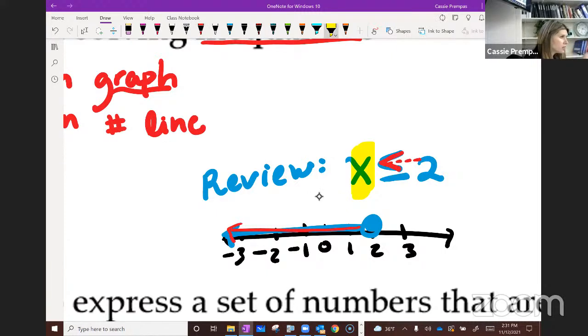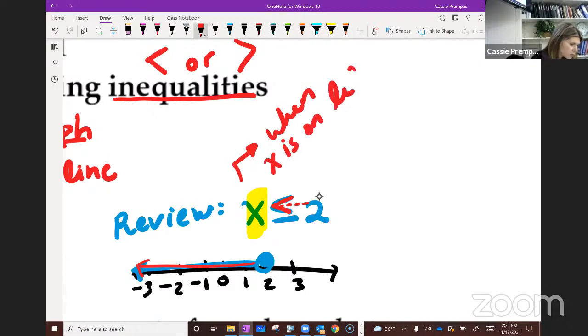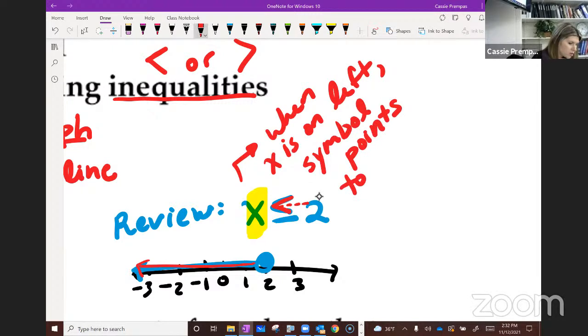So if your variable is on the left, you can use that symbol to point to the direction that you should shade. So let's go ahead and write that just because that can be helpful for some. When x is on the left, the symbol points to the direction to shade.